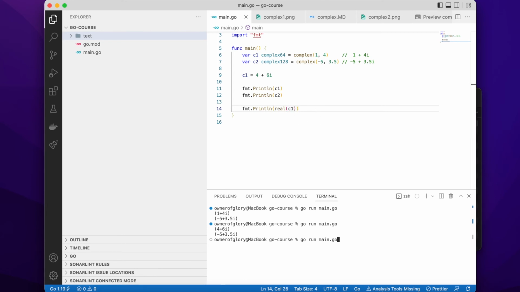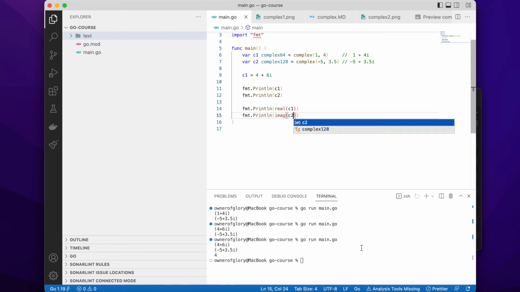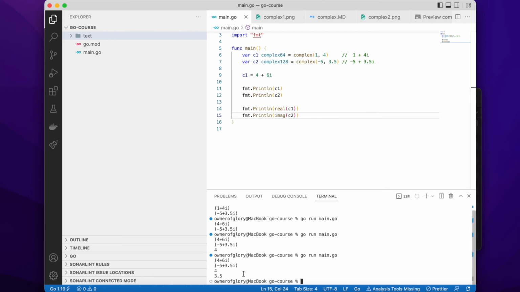And let's print it out. And the real value is 4. Yes, correct. And let's print the imaginary value of C2 by using this function, imag C2. And now we see its value is 3.5. So far, great.